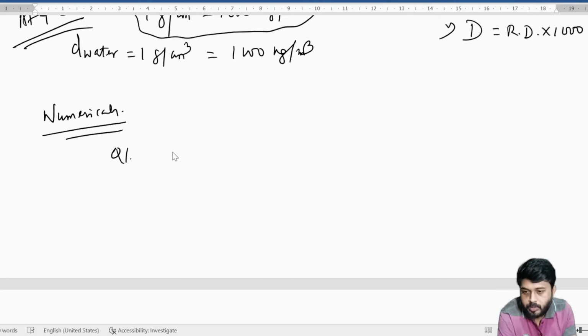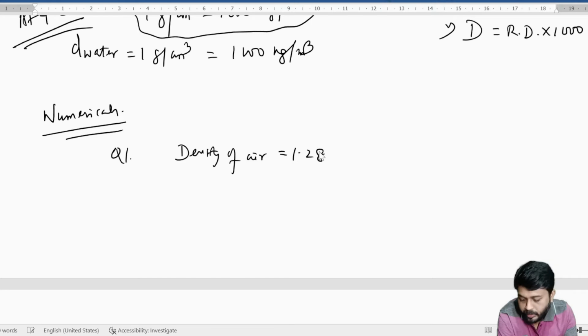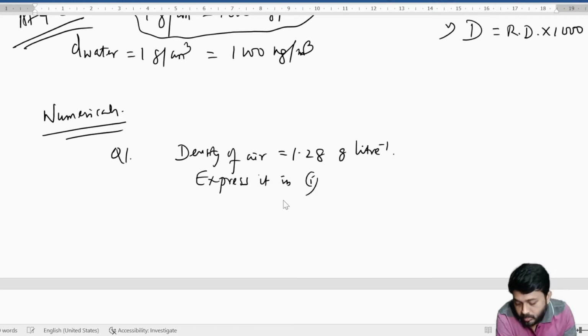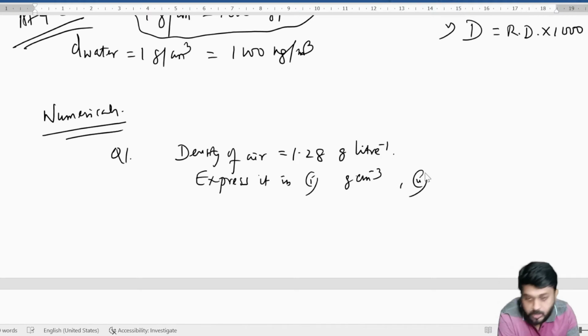Given the density of air is 1.28 gram per liter, you have been asked to express it in number 1, gram per centimeter cube, and number 2, kg per meter cube.